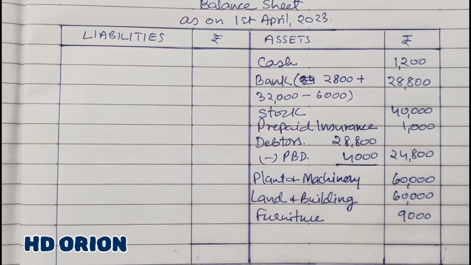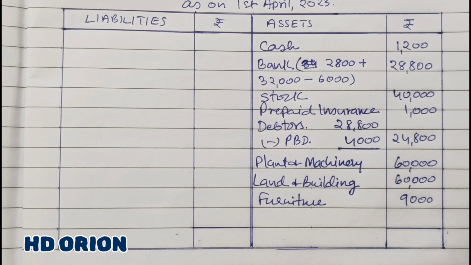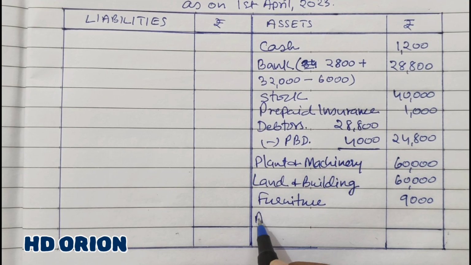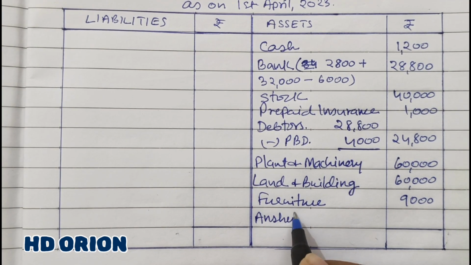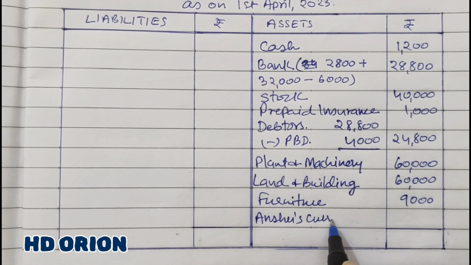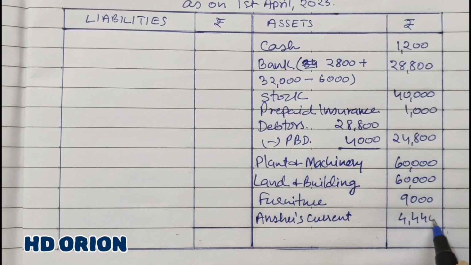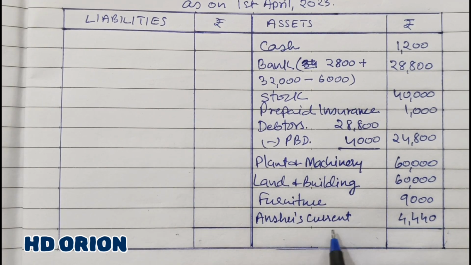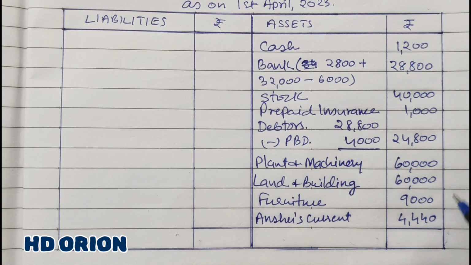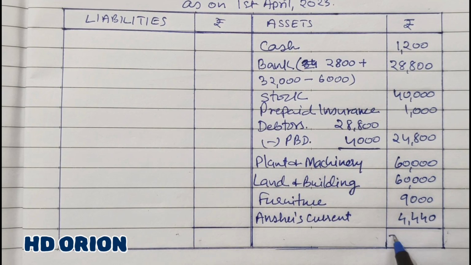And because the new partner could not bring his portion of goodwill, Anshu's current account of rupees 4,440. This is a debit balance and therefore it will appear in the asset side of the balance sheet. Now the grand total is 2,29,240.